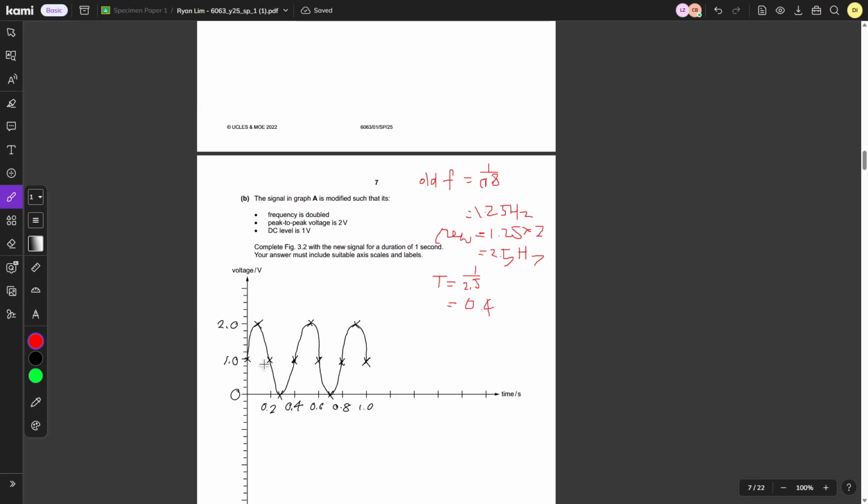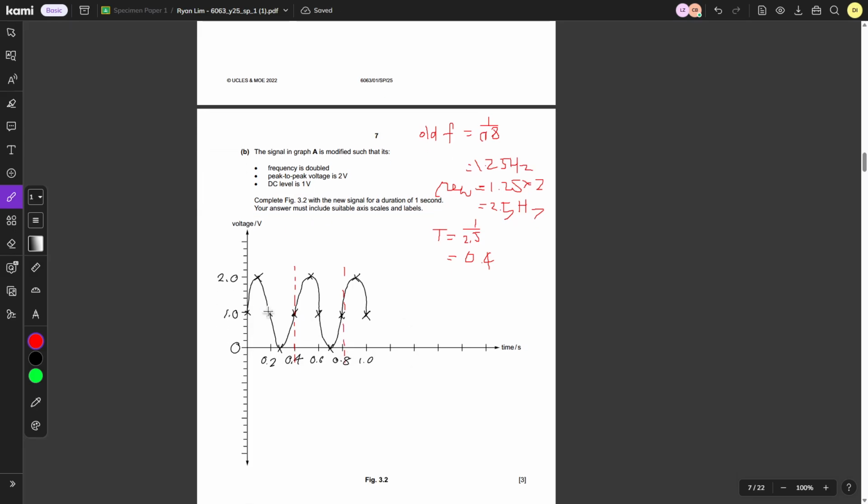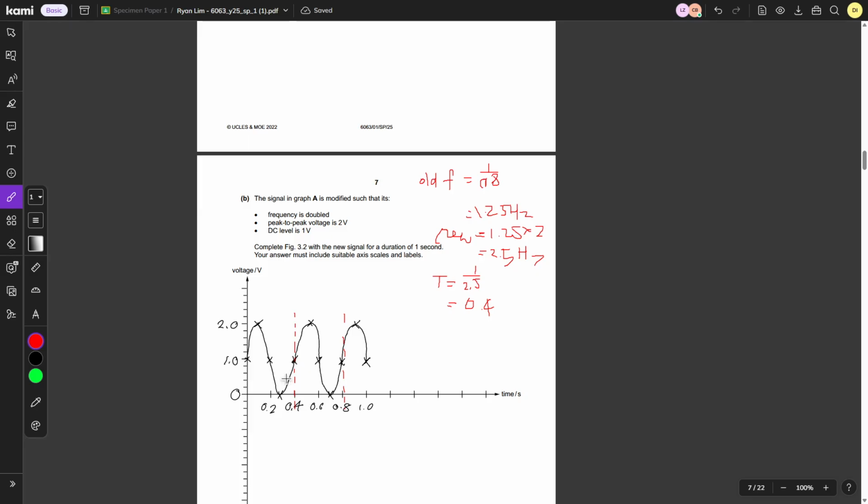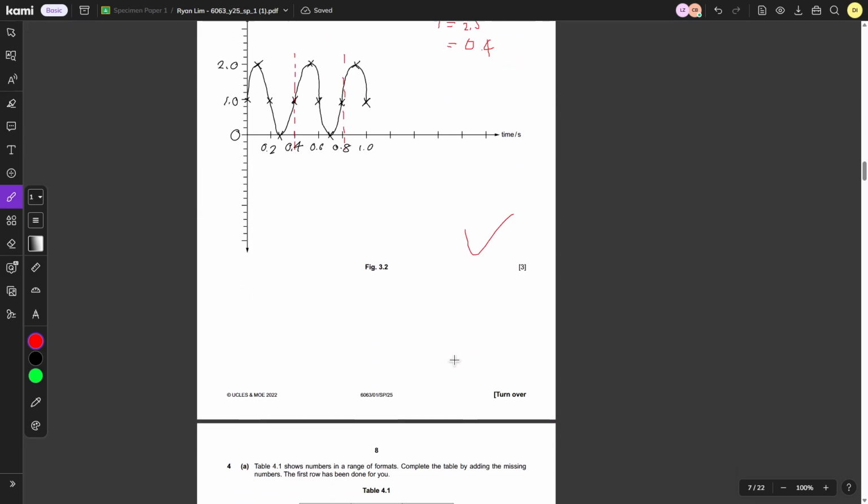So it takes 0.4 seconds. Oh yeah, he got it, so this is correct. Because one waveform takes 0.4 seconds each, so he's correct for the period. Then for peak to peak, it is 2 volts. He's correct. DC level is 1, so 3 marks.